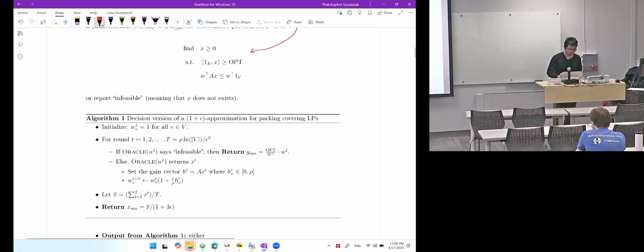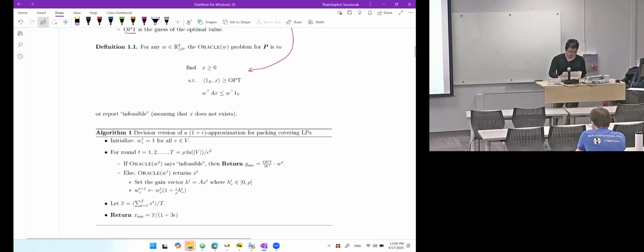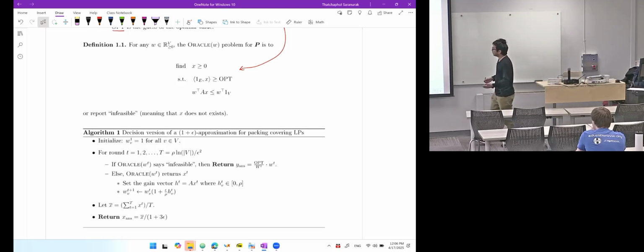The algorithm was basically to keep calling the oracle. Initialize the weight of each constraint to be 1, then repeat several times: call the oracle with respect to the current weight. If it returns infeasible, then you know that you can return some dual solution. Otherwise, the oracle returns some primal solution that is not feasible for the original LP, just feasible for the oracle.